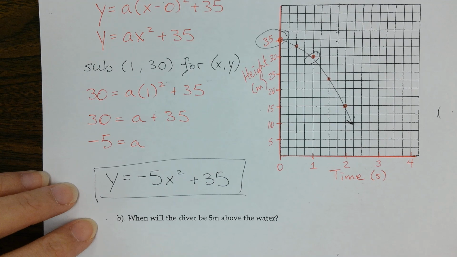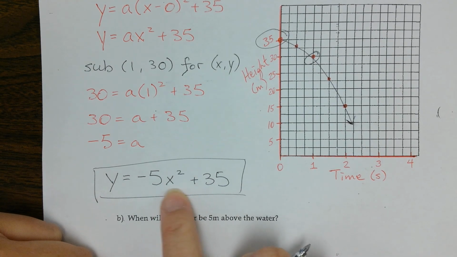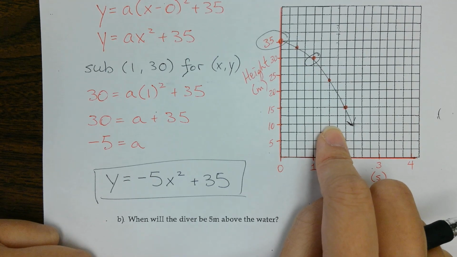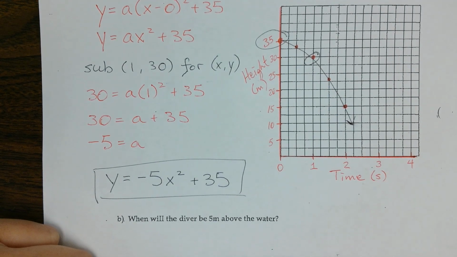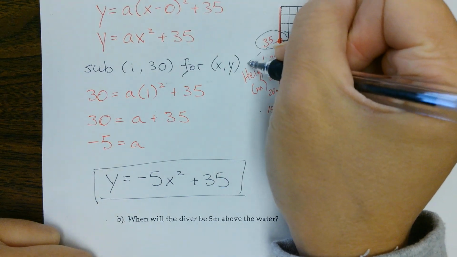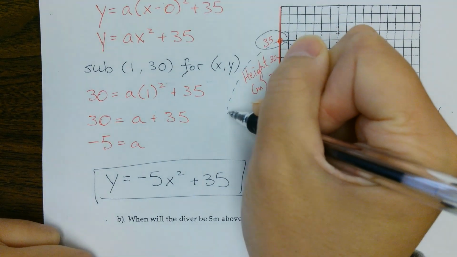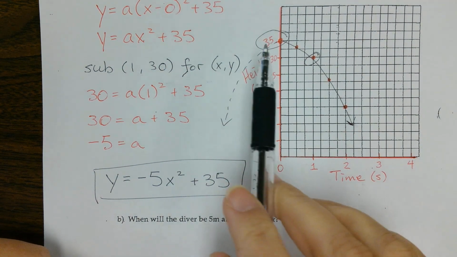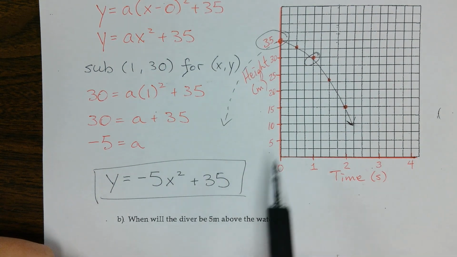Okay. So this is an equation of a parabola, but I don't see a parabola right here. It's half of a parabola. So technically, I do have the other side of the parabola this way. Because I can't have negative time, that's why we use this.